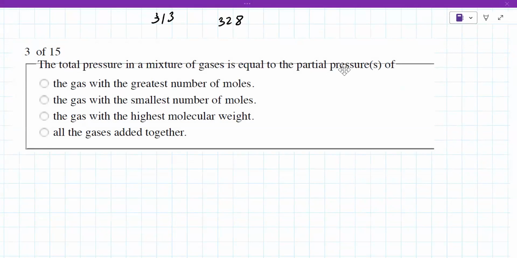Equal to the partial pressure of all the gases added together. This has got some thumbs up on it. Okay, perfect. Yay. All right, good job.